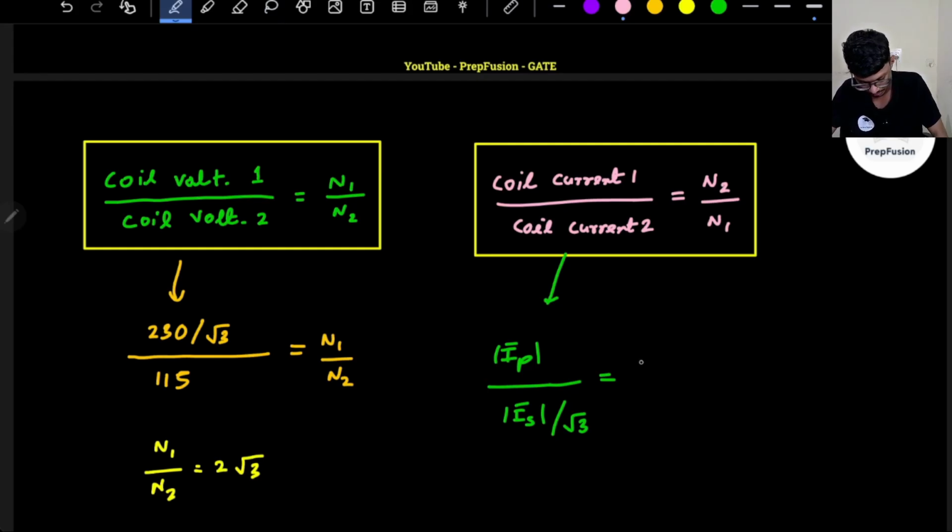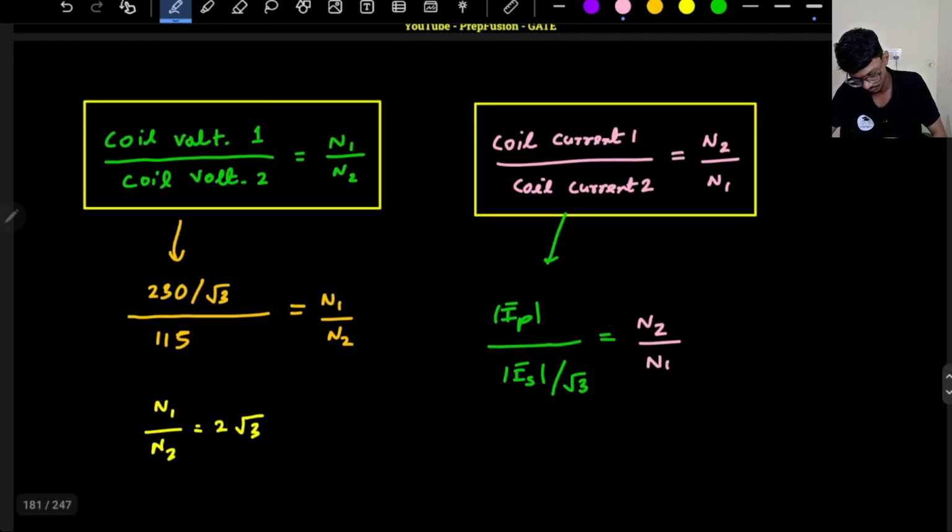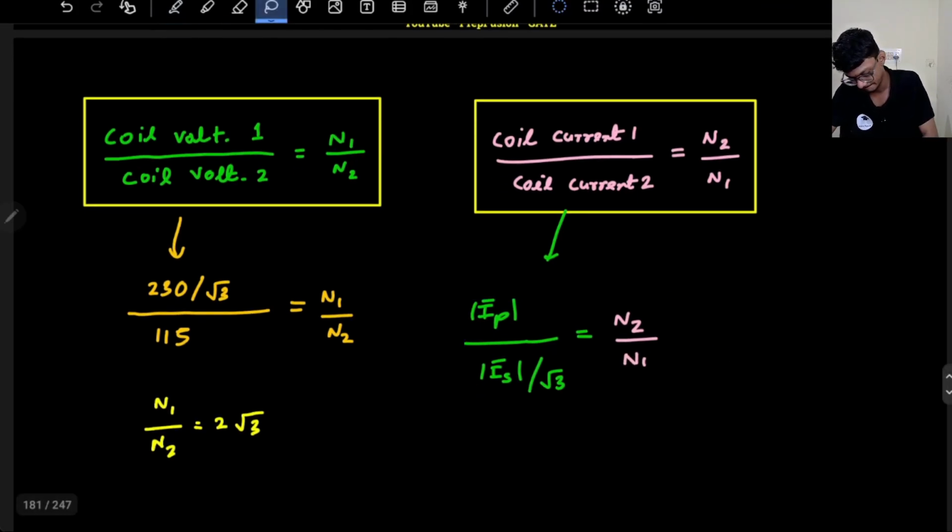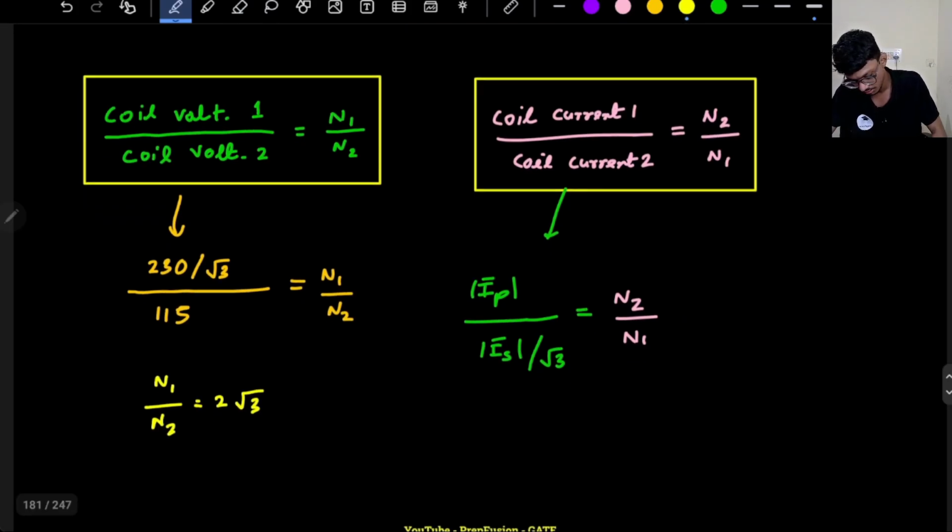Okay, so this will be N2 divided by N1. So what is N2 divided by N1? It will be inverse, right? 1 by 2 root 3, and this root 3 is there.